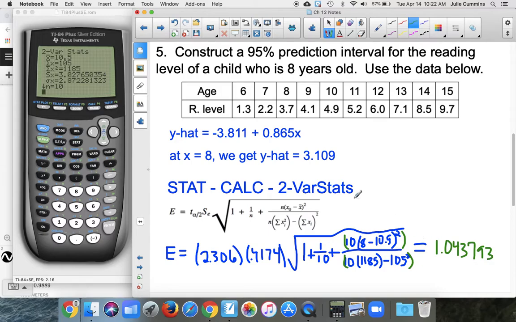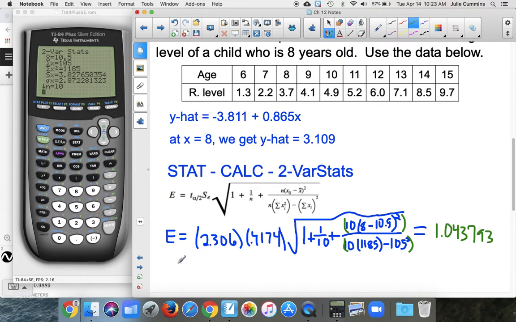All right, then what we want to do is take that y hat that we calculated and add and subtract that error. So remember we said we expect my 8-year-old daughter, who's imaginary, to have a reading level of 3.109, and we're going to add and subtract this number.